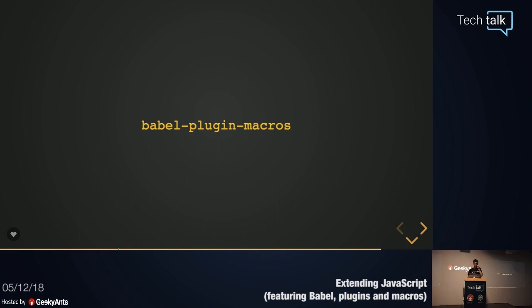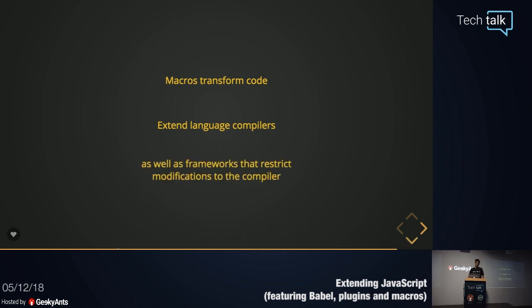And of course, since Babel is so extensible, there's also a plugin called Babel plugin macros, which allows you to use macros with Babel, but the use case here is slightly different. Since we know that macros transform code and extend a compiler, they're quite useful in frameworks like Create React App that are quite restrictive in terms of how much configuration they allow.